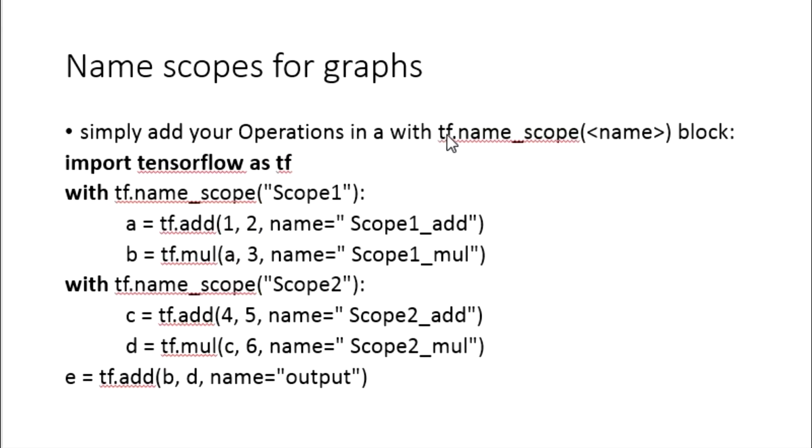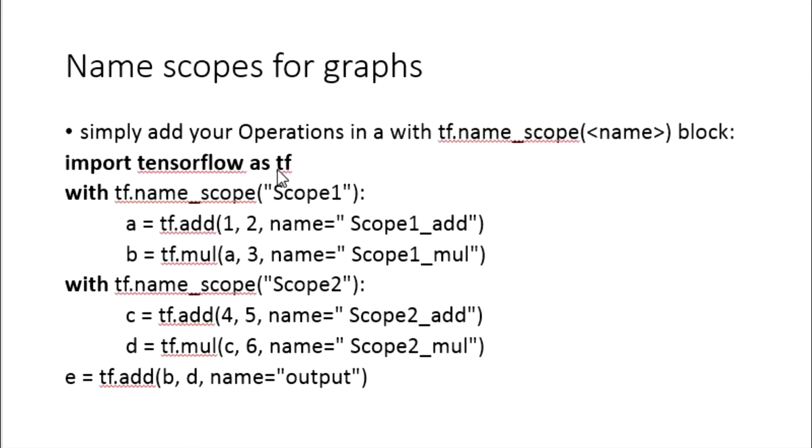It's just basically tf.name_scope with a name, and this will give you a context manager within which you can create parts of your graphs. Here's an example.